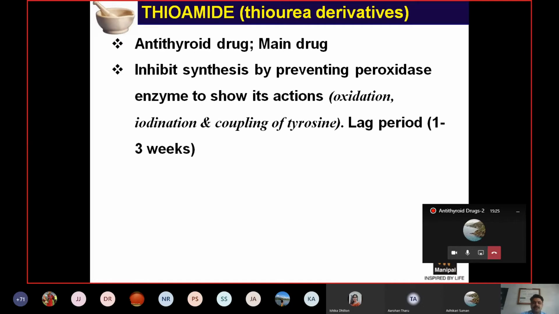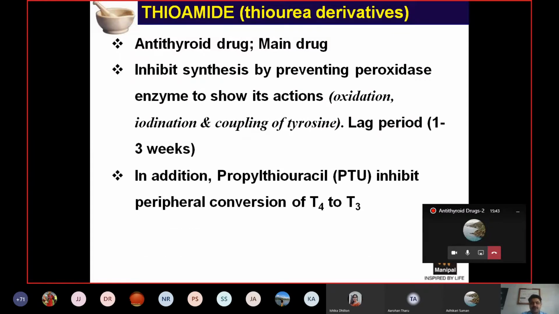If you start the therapy today, you won't get the effect by today or tomorrow, because the hormone which has already been prepared is not affected. So last class we talked about that.